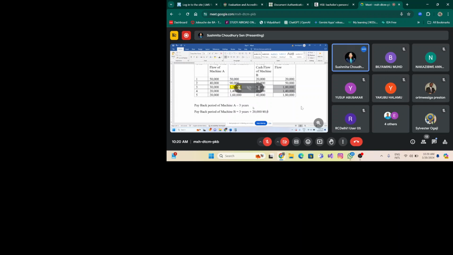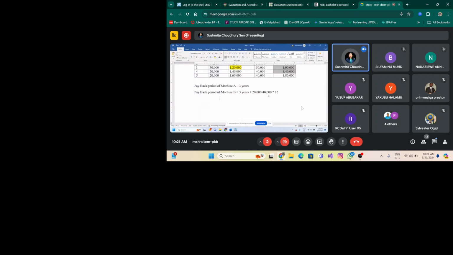This is the formula: at the top you write how much extra you are earning at the end of the year, and at the bottom you write the earning of that particular year, that is 40,000, and you multiply it by 12 so that you can calculate the months. So 20,000 divided by 40,000 multiplied by 12 gives 6. That means the answer is going to be 3 years and 6 months.